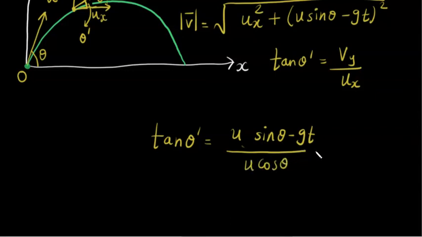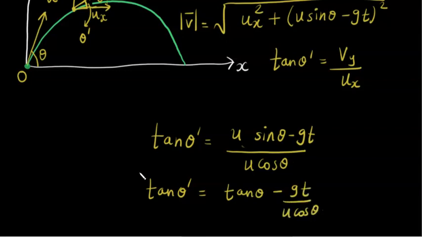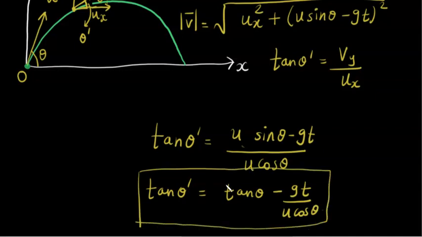Sorry, it is u sin theta, not uy sin theta. So this is your tan theta dash. If I write it in another way, tan theta dash will be u sin theta by cos theta, which is tan theta, minus gt by u cos theta. So this is tan theta dash. If you want to find theta dash, you take the tan inverse of this whole expression.